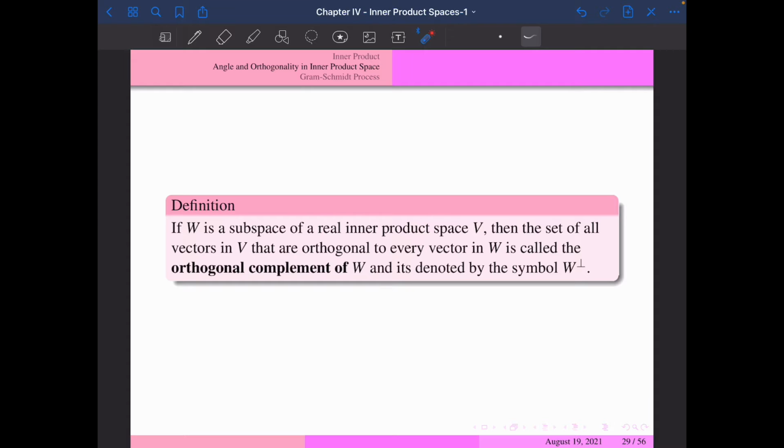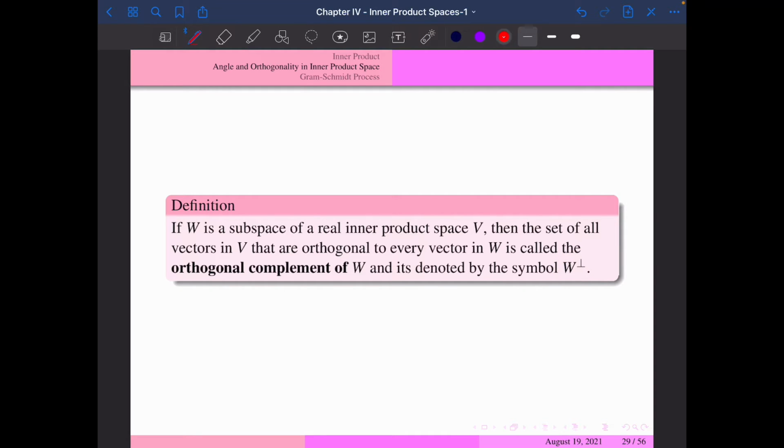If W is a subspace of the real inner product space V, then the set of the vectors in V that are orthogonal to every vector in W is called the orthogonal complement of W, and we denote it by the symbol W perp.